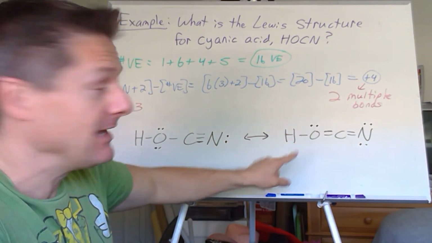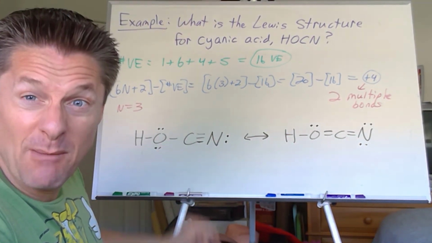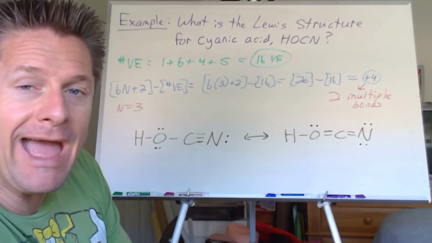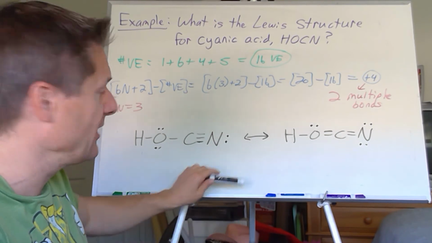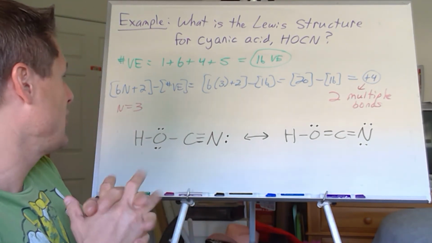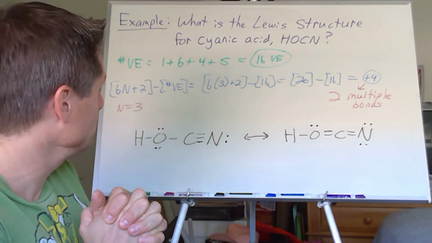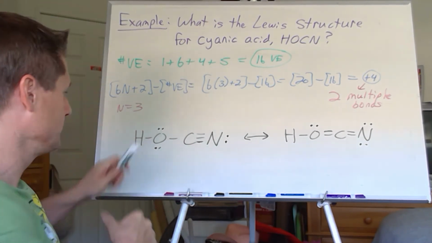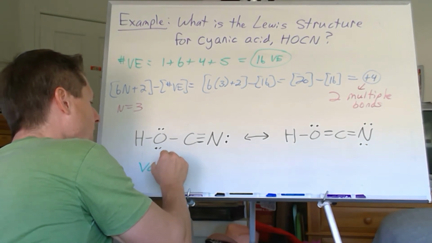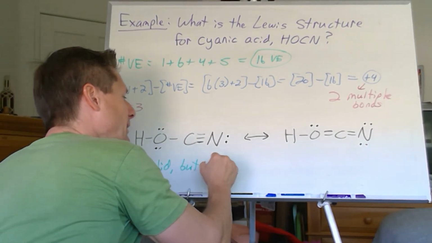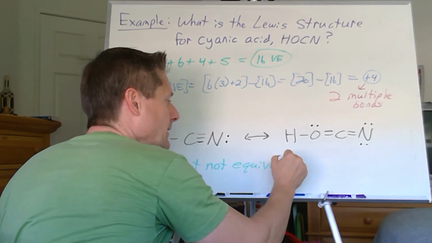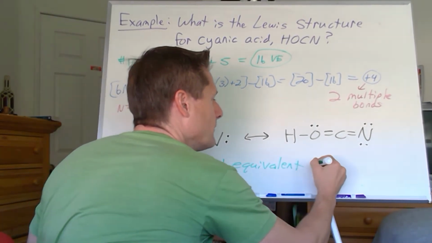These are valid, but you can see how the first one's probably going to contribute a little bit more. I'm going to show you a specific way to calculate it numerically so you don't have to guess. But these are both valid, but they're not equivalent. Valid, but not equivalent.